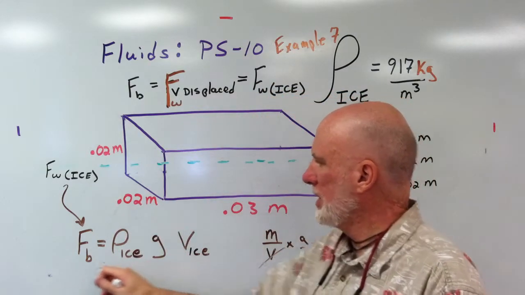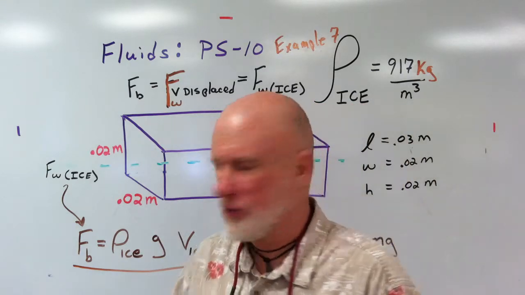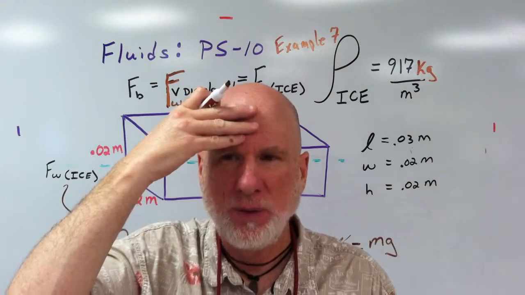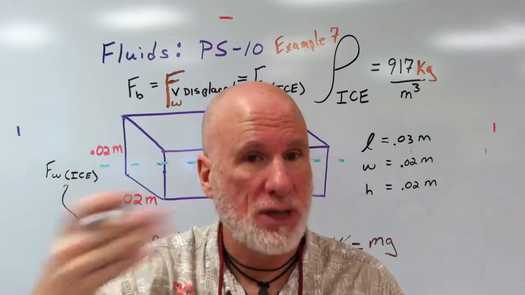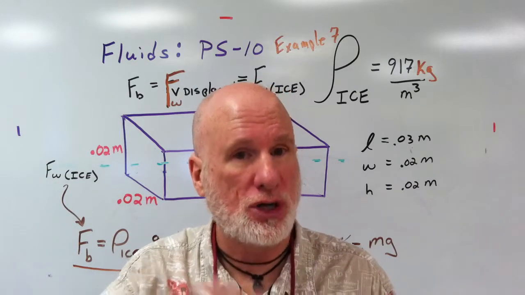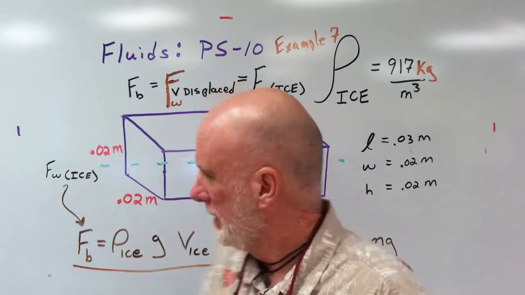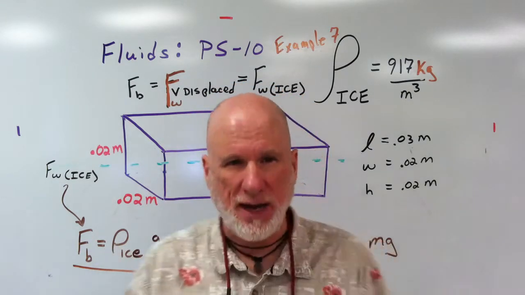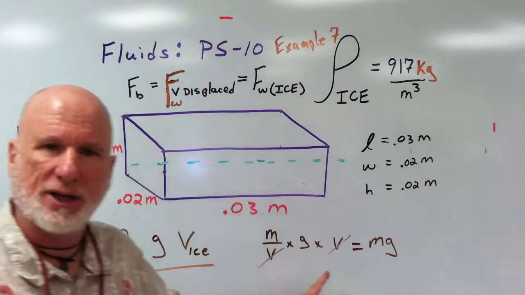All right. We know this equation here, FB, the buoyant force, will equal the density of the ice. We don't know how much water is going to be displaced, but we know the dimensions of the ice, so we're going to use that. Bear with me. We're going to use the density of the ice and the volume of the ice, okay? Why can I do that? Well, let's do a dimensional analysis.